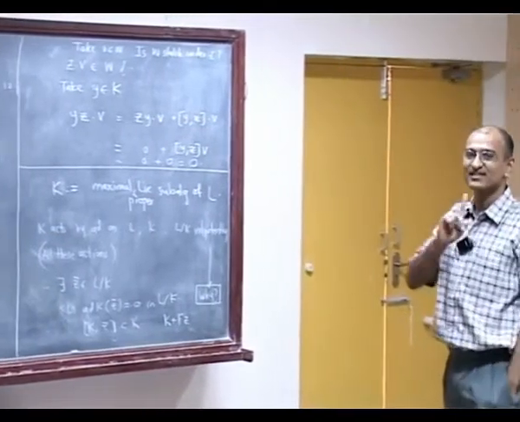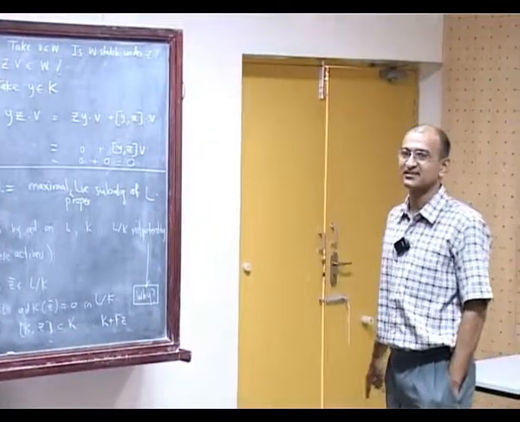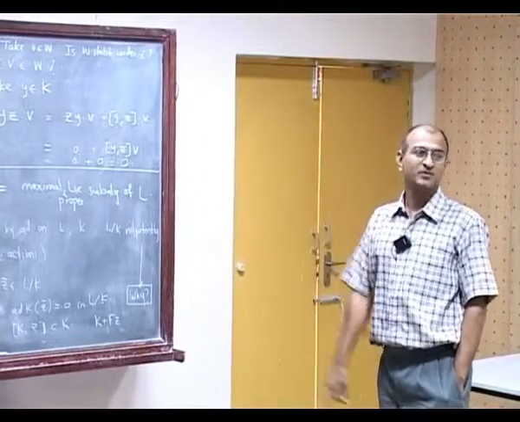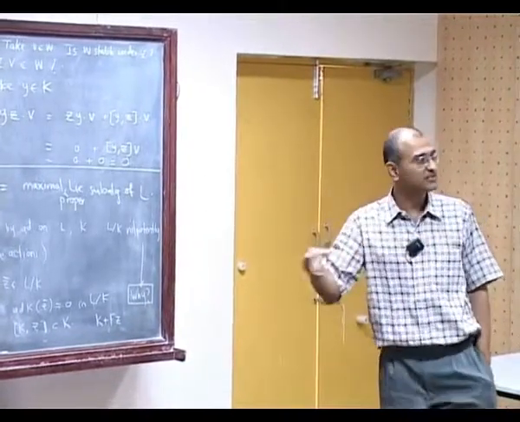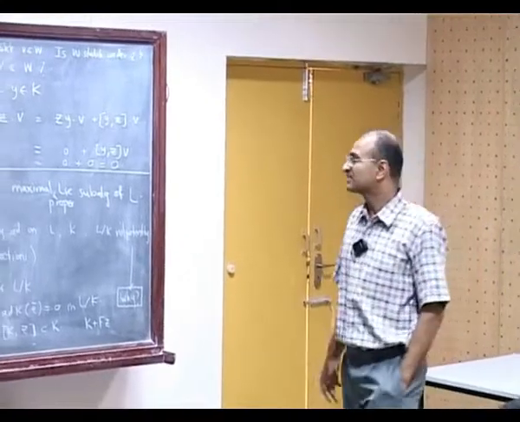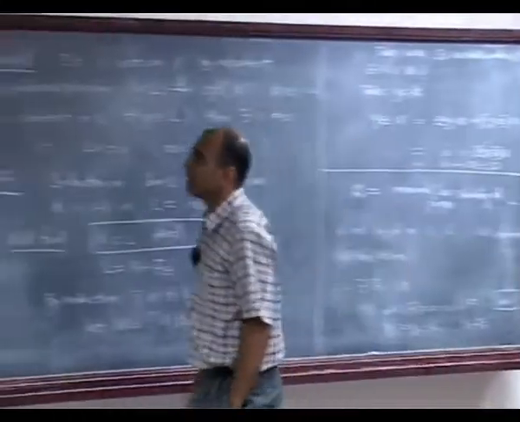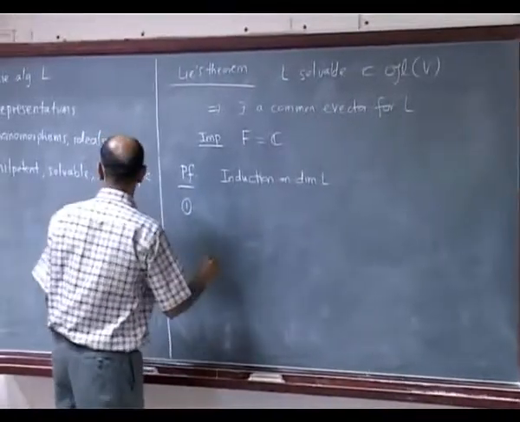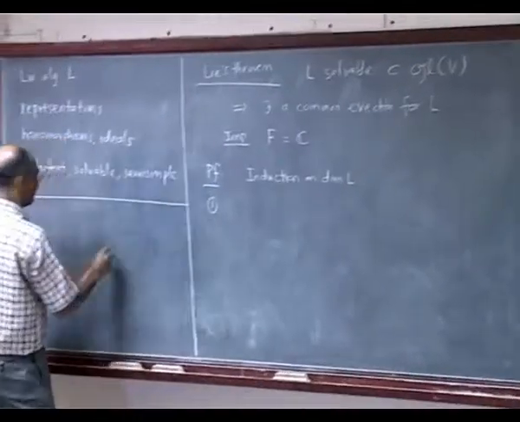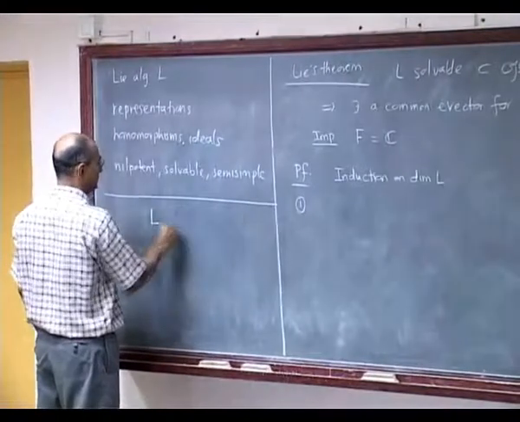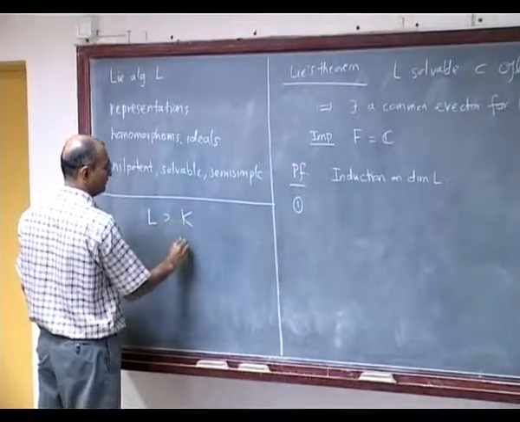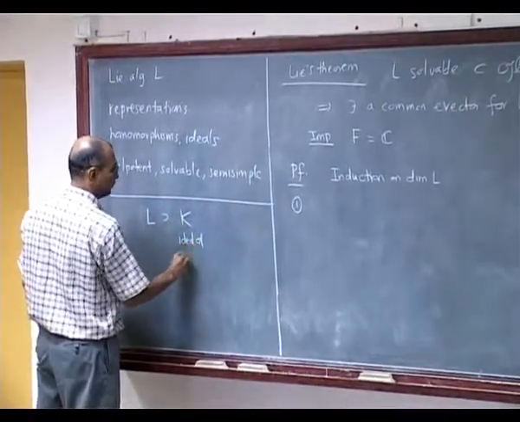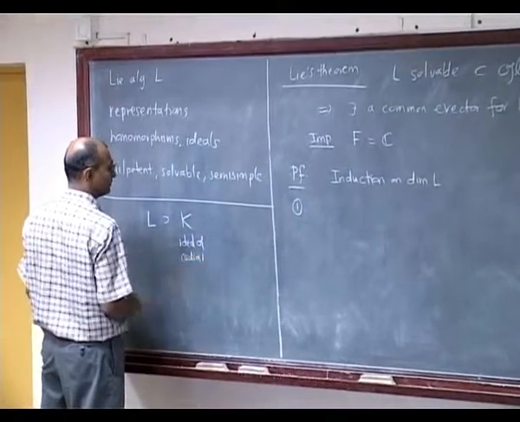Because L itself is given to be solvable. See, the nature of the hypothesis is different. The Lie algebra is given to be solvable as opposed to individual operators being given to be nilpotent. So since the Lie algebra is solvable, I have one. So I will write this here. What do I want? I want K, an ideal of codimension 1.